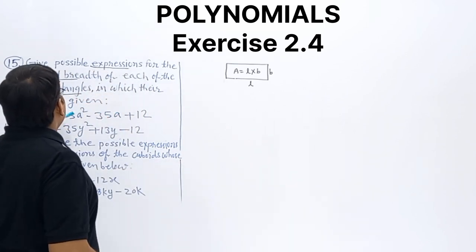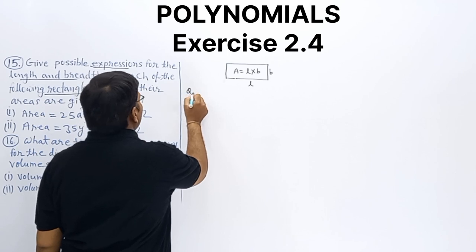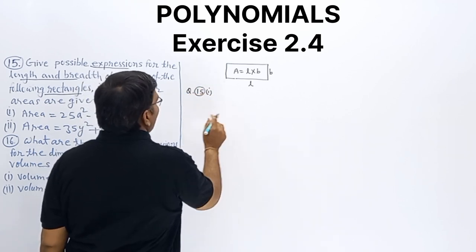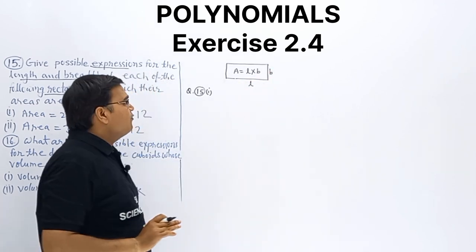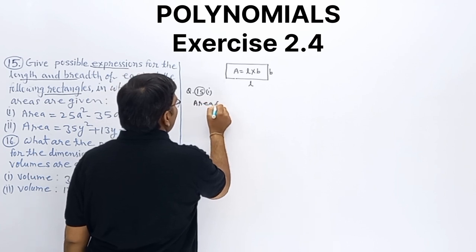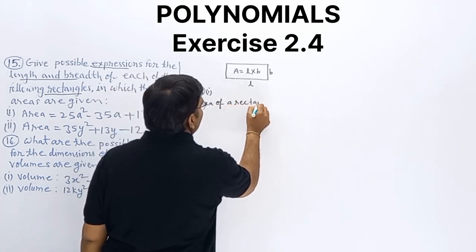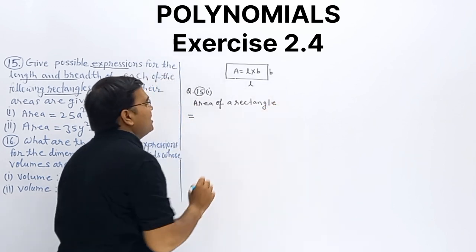Here the area is given. We have the area, and we want possible expressions of length and breadth. What is the area of the rectangle?